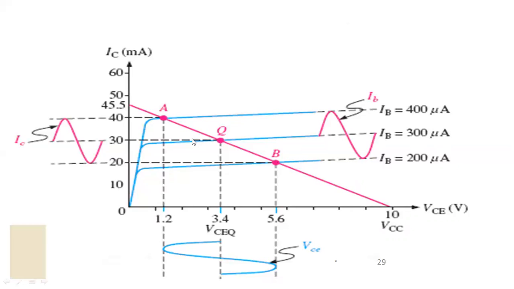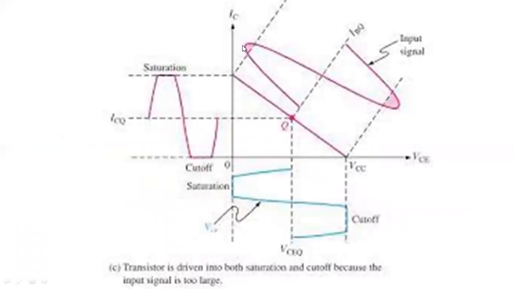So in order to maintain the transistor in amplifier mode, we have to maintain the value of Q within this A to B segment, in the amplifier region, so that we will get this value of IC. Otherwise, with respect to changing input current IB, if the value of IB exceeds segment point A, or exceeds point B, what will happen?